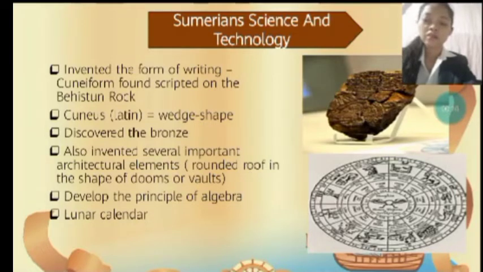The Sumerians also developed some of the principles of algebra, and in mathematics, they used the sexagesimal system based on the number 60: 60 seconds in a minute, 60 minutes in an hour, and so on. They also developed the lunar calendar with 12 months, then added a 13th month to line it up with the seasons.